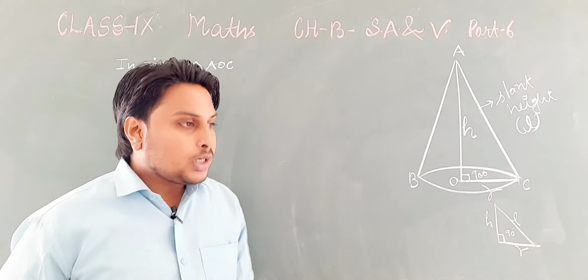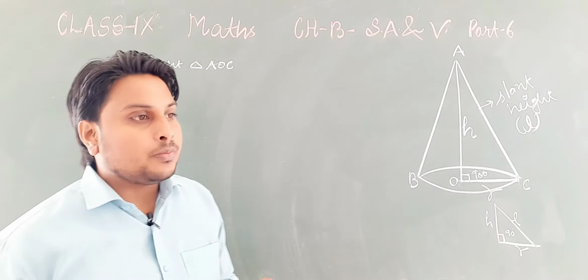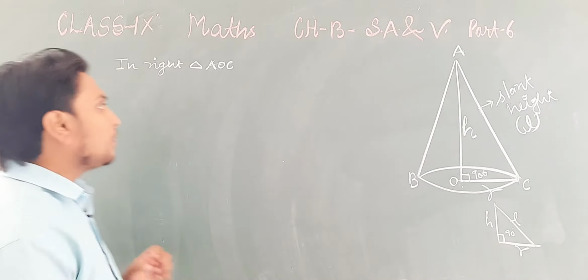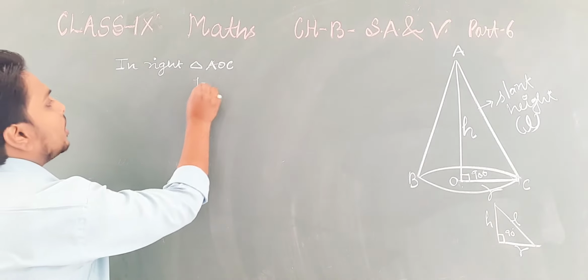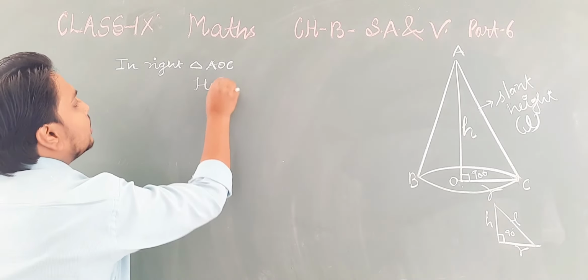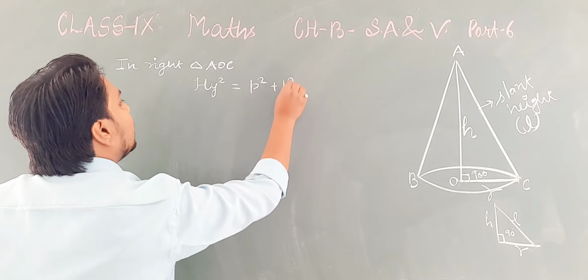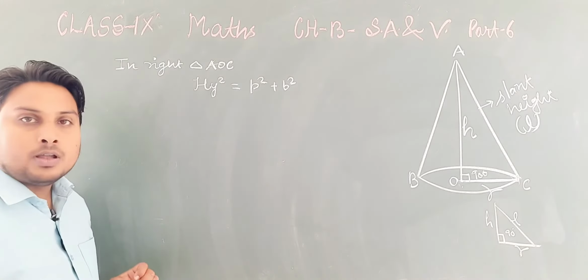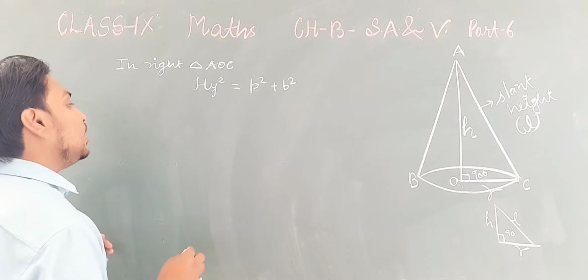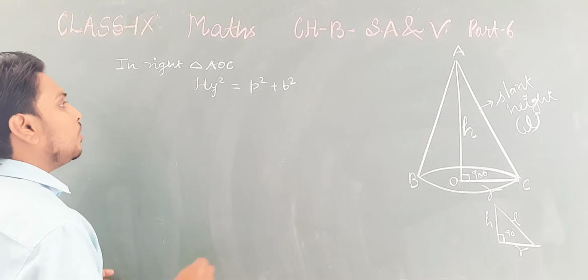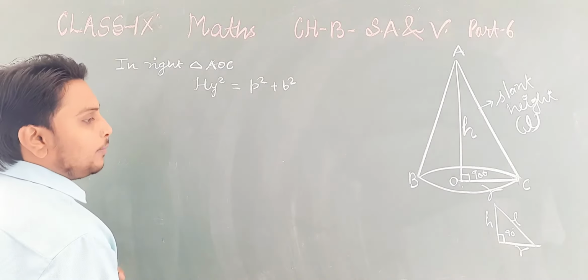And what is Pythagoras theorem? Hypotenuse square is equal to perpendicular square plus base square. This is the relation of Pythagoras theorem. So in this triangle, hypotenuse is what?